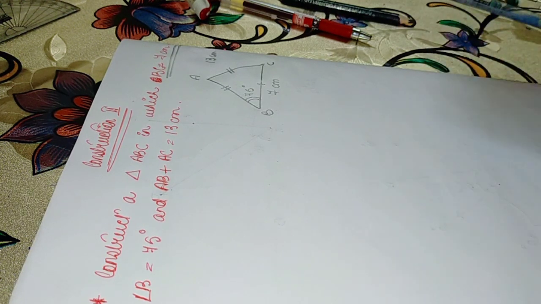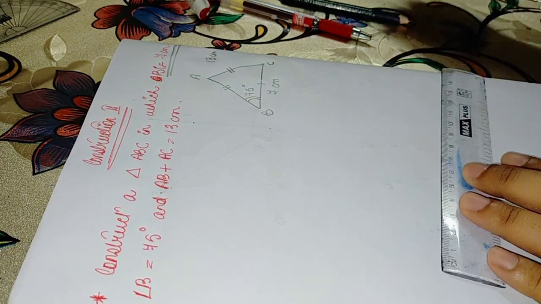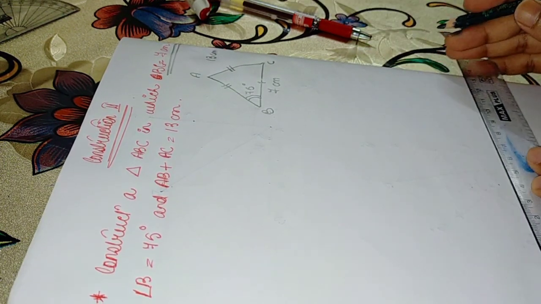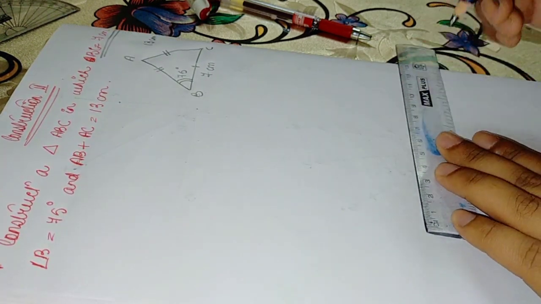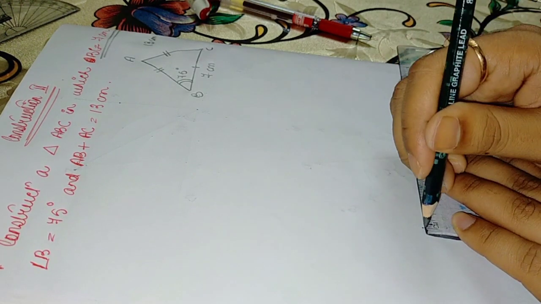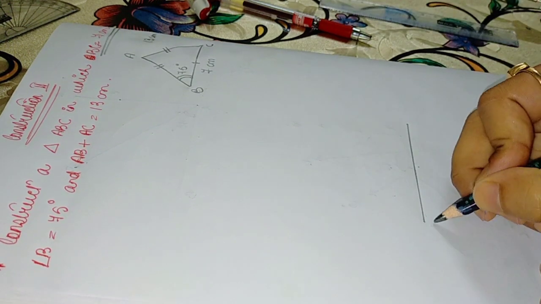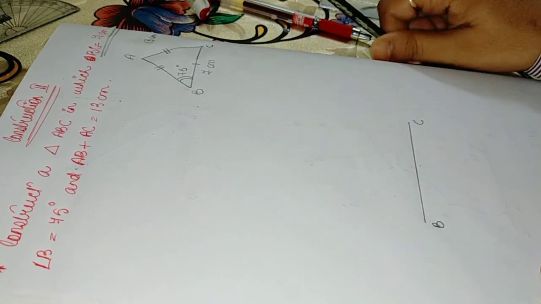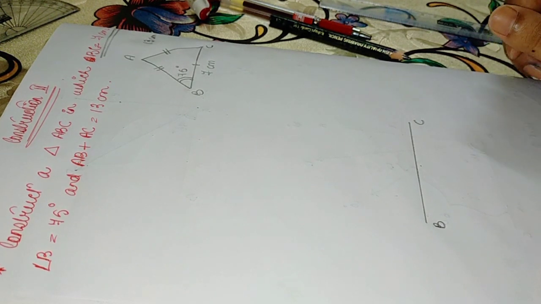So let us start. First we will draw BC equal to 7 centimeter. Mark it BC. Is that clear? Till here I think nobody has any doubt.